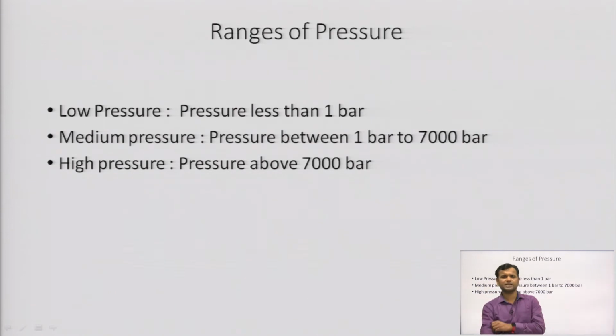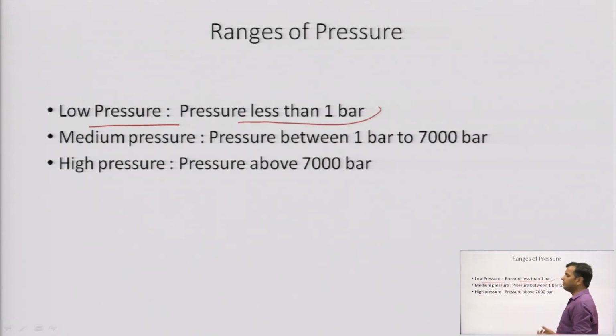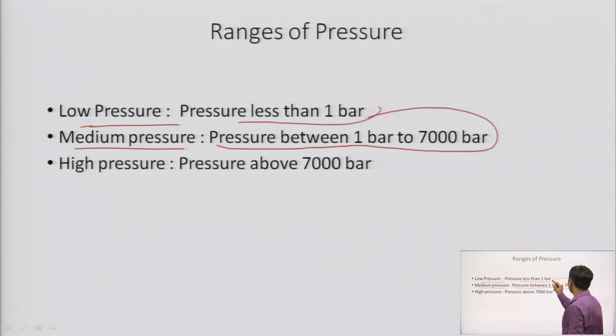Now, there are various ranges of pressure when we do the numericals, and for practical applications we need to understand the classification of pressure in terms of its values. So, low pressure is pressure less than 1 bar. Medium pressure is the pressure between 1 bar to 7000 bar.